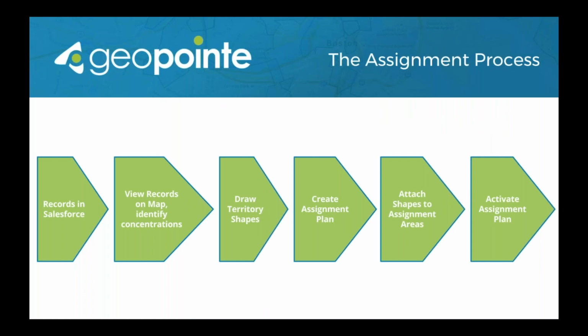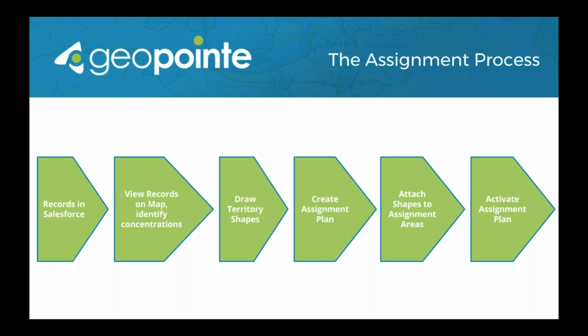So what does the process A to Z look like? You're going to start with the record in Salesforce. It needs to exist in Salesforce in some way, and it needs to be mappable. So the next step is making sure it's got an address and that we have assigned what we call geocode data to it, which is a fancy word for latitudes and longitudes. Once it has that, then you're ready to draw your territory shapes.